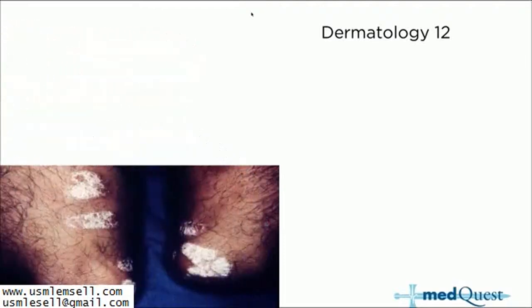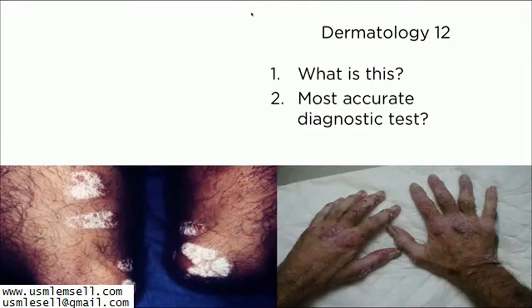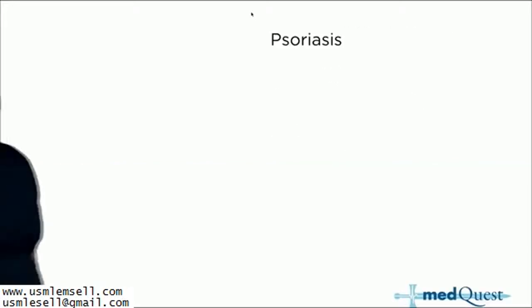What is it? Ooh, I see silvery, scaly stuff on my extensors. What is this? What's the test? What's the treatment? And doesn't it look like psoriasis?